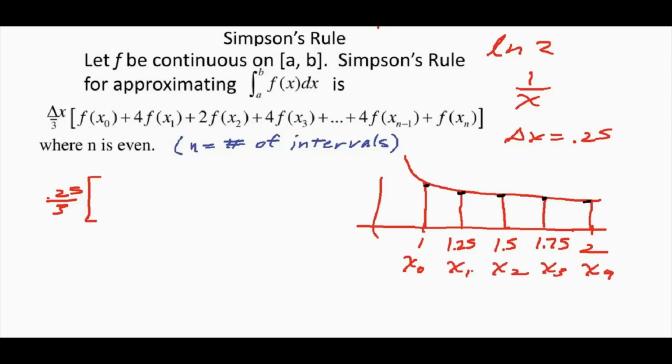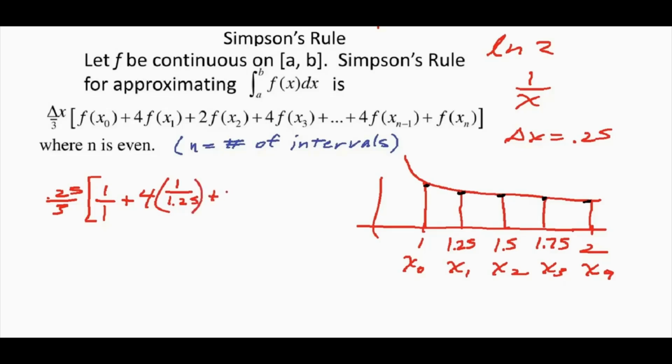If we plug those into the function, f of 1 is 1 over 1, so it's just going to be 1. Then plus 4 times f of the next one, which is 4 times 1 over 1.25.